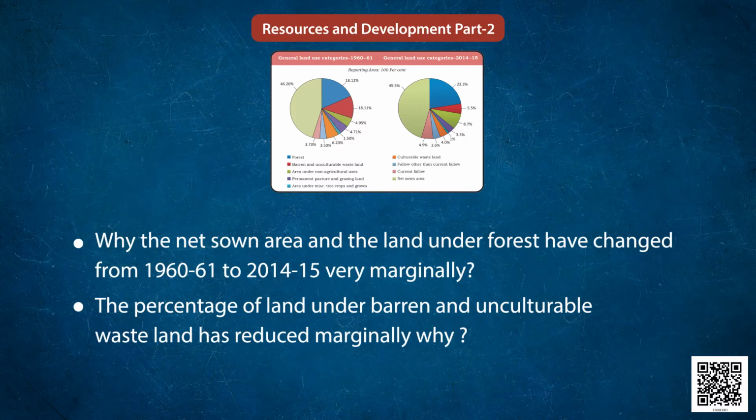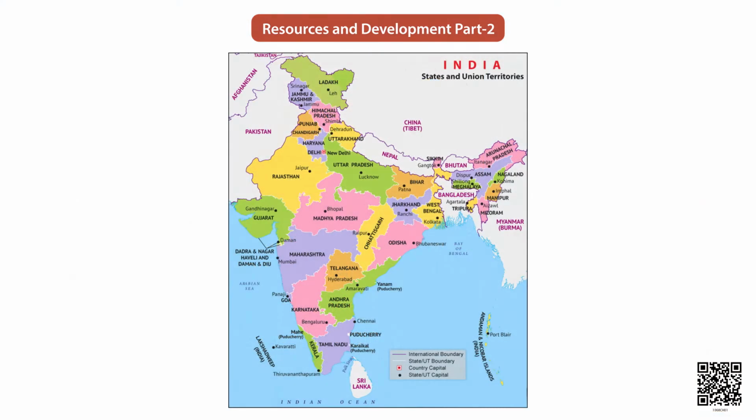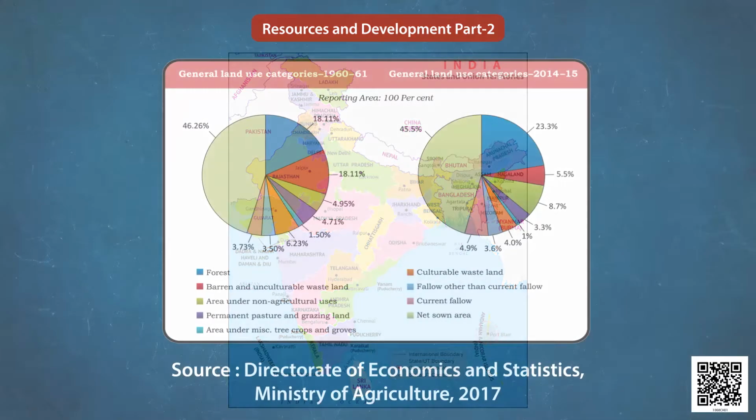Why? However, the pattern of net sown area varies greatly from one state to another. It is over 80% of the total area in Punjab and Haryana and less than 10% in Arunachal Pradesh, Mizoram, Manipur and Andaman Nicobar Islands.